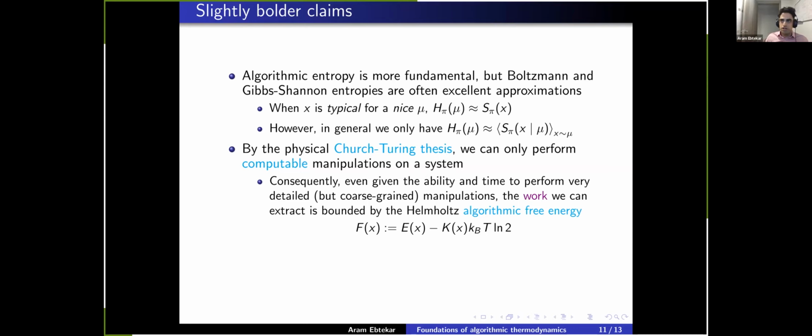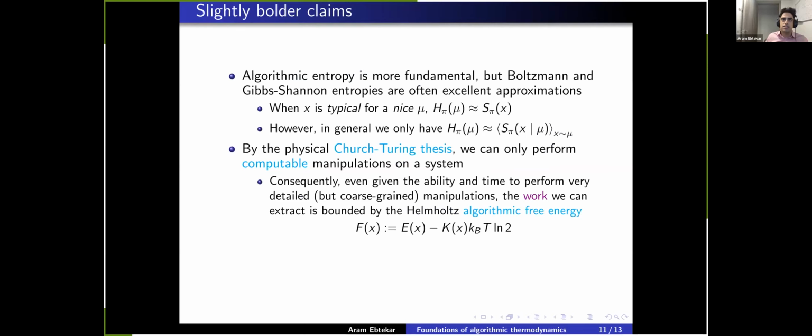We have lots of time to do all the computation we need. The question is, what is the upper bound on the work we could ever possibly extract from this single individual state? And we show in the paper that this work is bounded by the Helmholtz algorithmic free energy, which is a similar formula to standard free energy, except that we've replaced the entropy term with this algorithmic version scaled to the appropriate units.